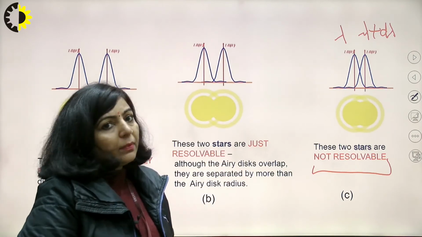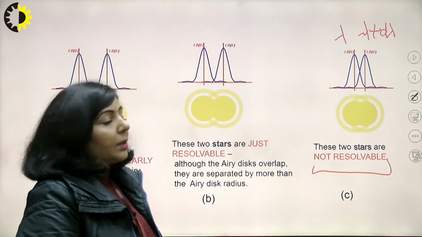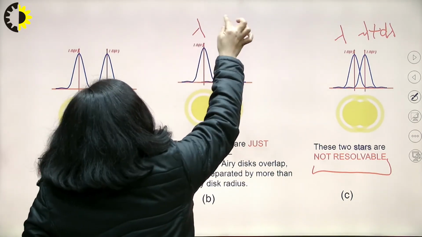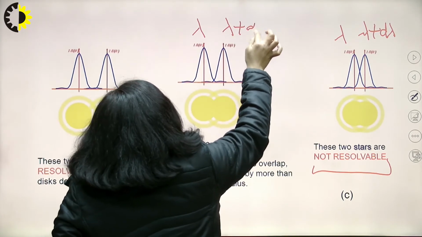As you can see, in this particular case, the maxima due to one of the sources, suppose I am saying this is for lambda and this is for lambda plus d lambda.